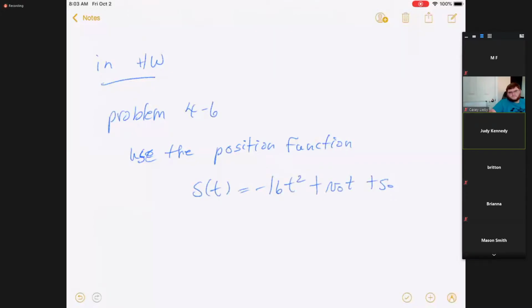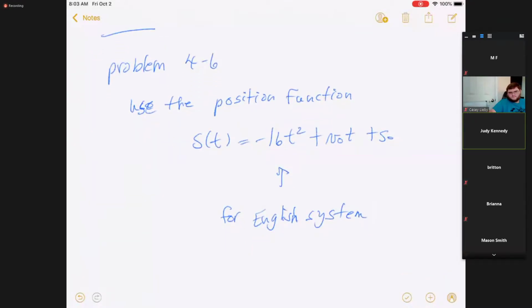And that works fine for 4 and 6 because this is for the English system. That is, you're measuring things in feet per second and so forth.